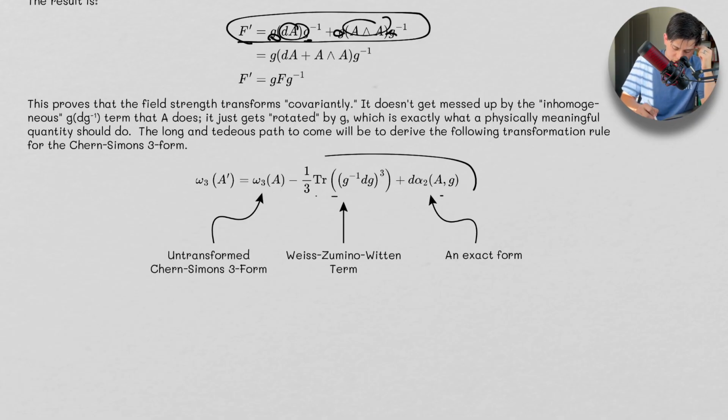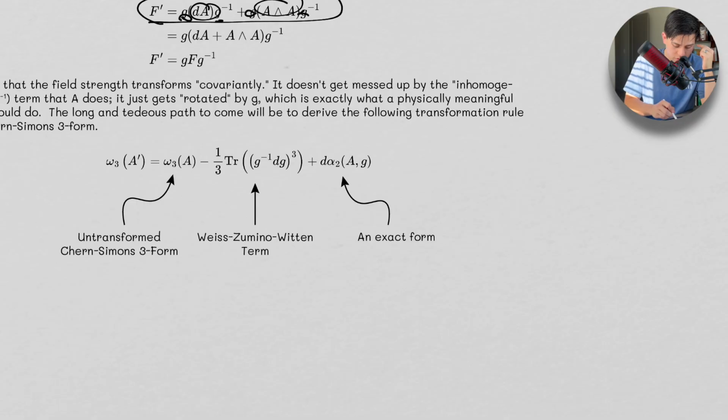I'll erase this really quick. This guy right here is called the Wess-Zumino-Witten term. This is the important, interesting contribution to the transformation for the Chern-Simons three form that we're going to see how this comes about. And then we have this exact form as well.